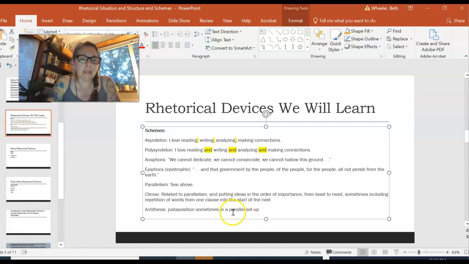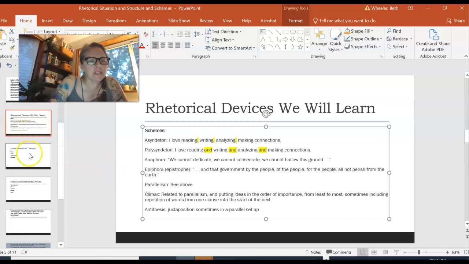Sometimes it can be related to parallelism, in that these ideas might be in the same grammatical structure. They're not usually presented as opposites with different structures, because it kind of ruins the rhythm of it, and it doesn't feel like an artistic move in a piece of writing or in a speech to have that parallelism not happening. So you've heard of antithesis before, I'm sure.